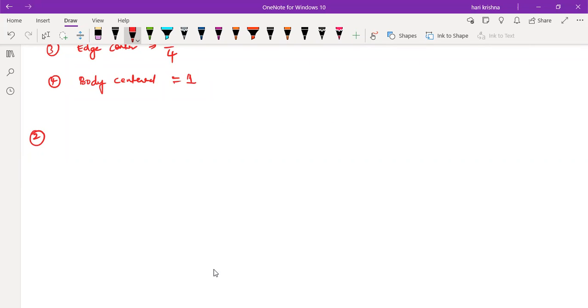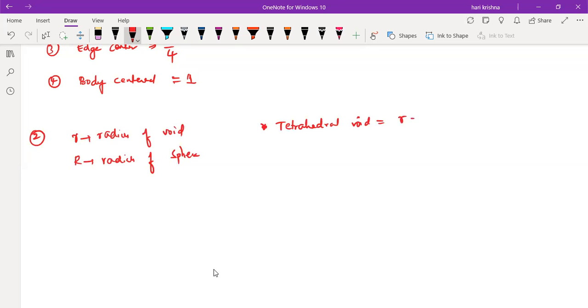What is the radius ratio to the radius of the sphere in the case of tetrahedral void? Small r is the radius of the void and capital R is the radius of the sphere. Then what is the radius ratio in the case of tetrahedral? r equal to 0.225 capital R.